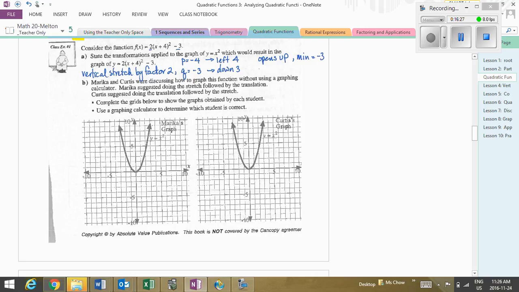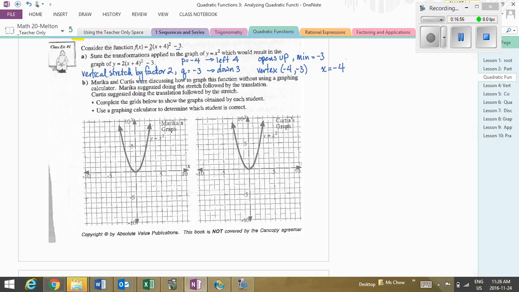As well, the vertex is based on the translation. Horizontally, we're going left 4, so the vertex is (-4, -3). And the equation for the axis of symmetry is based on our horizontal translation, and that is x equals -4. So those are additional pieces of information that you will need to provide.